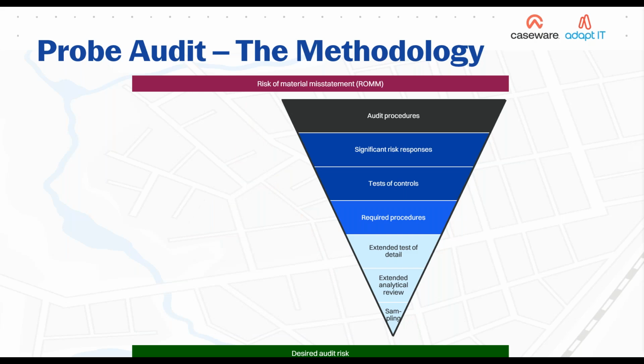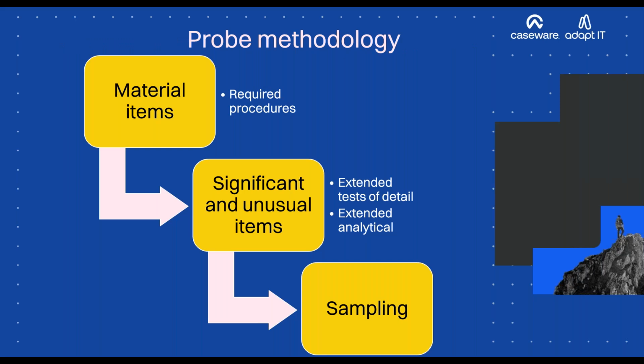All right, so there's just another slide to show us the items, and of course then we're going to do the sampling. Then just a slide to show you again, the material items selected is in your required procedures. In your work program, under the required procedures, you will be asked to select material items.